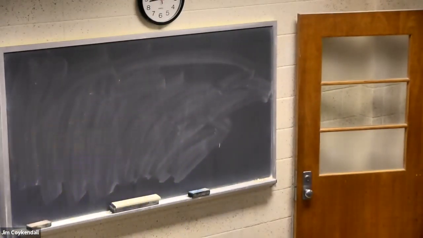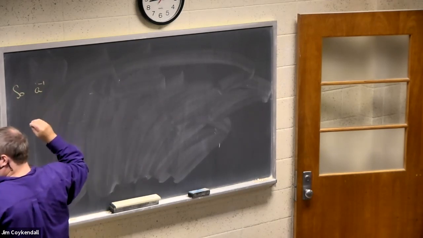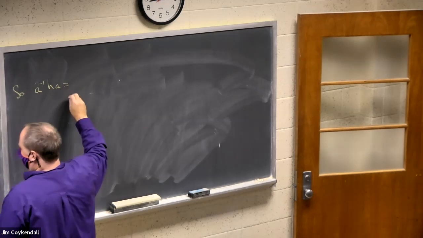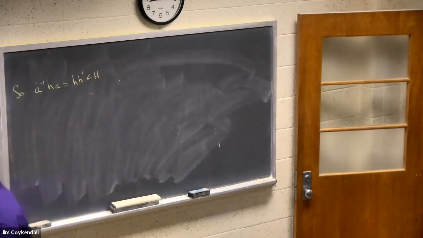This means that this conjugate, a inverse h a, is in H. And so a is in the normalizer N_G(H).